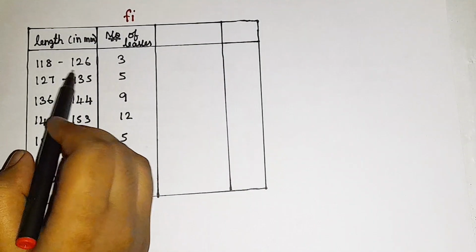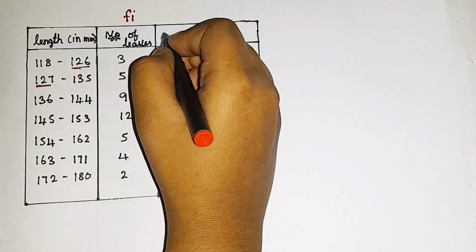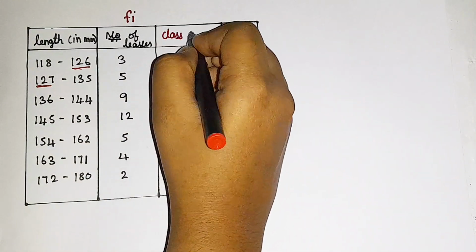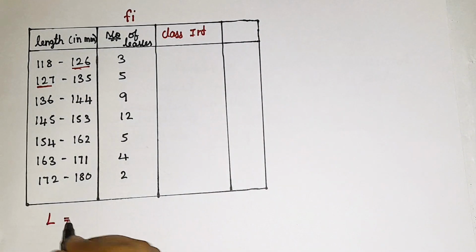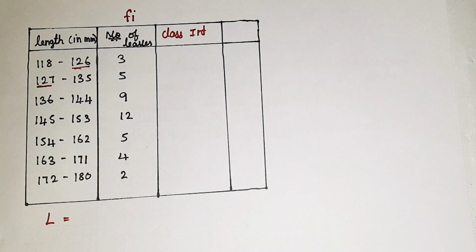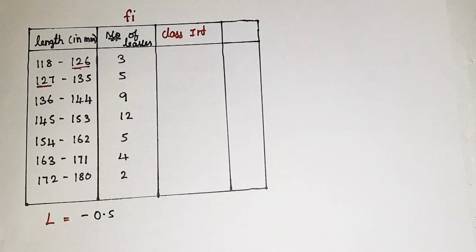Since the numbers are not continuing, we are going to find the class interval again. How? I just told you. Wherever you have a lower limit, we are supposed to subtract 0.5. I hope you guys know how we got 0.5. In the starting of the video I just explained it, isn't it?